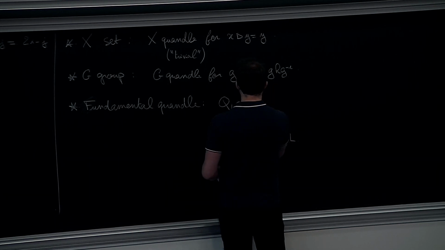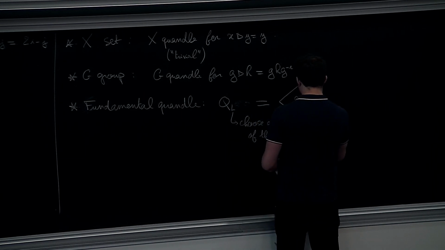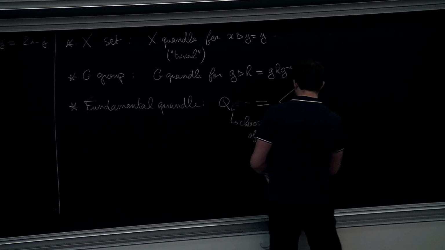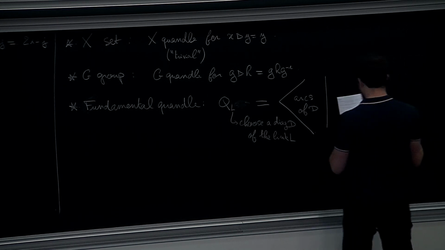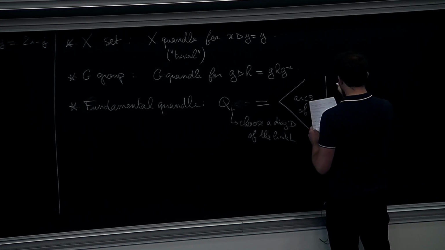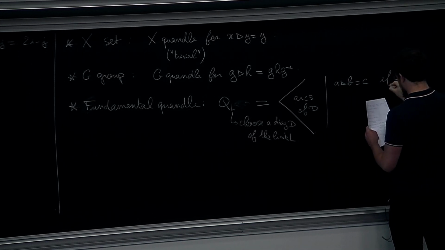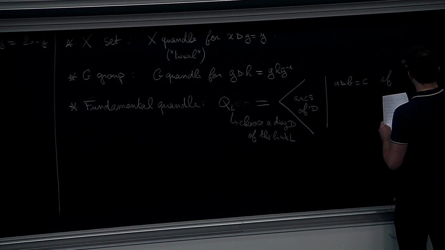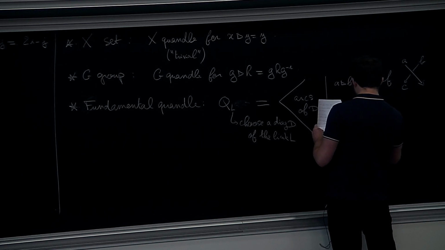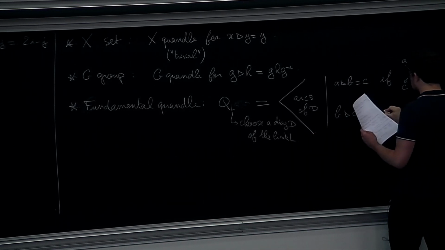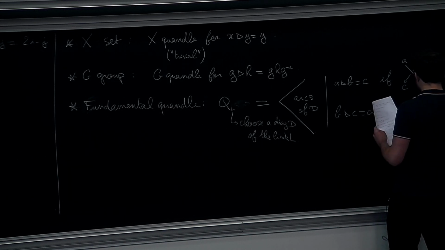And then the presentation is as usual. So you take arcs of the diagram that we'll call D. And the relations are exactly what I drew up there, which is you have one relation like this if you have some crossing like this, and you have another family of relations like this for the positive crossings.